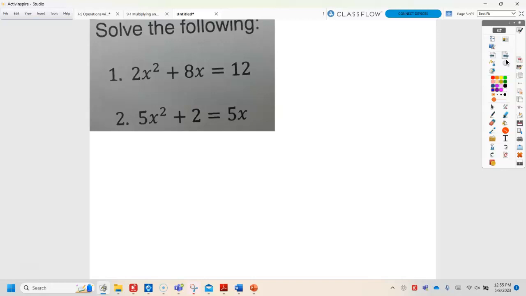Same ideas and concepts as numbers 1 and 2 in the last problem. So we have quadratics. We need to get them in standard form set equal to 0.